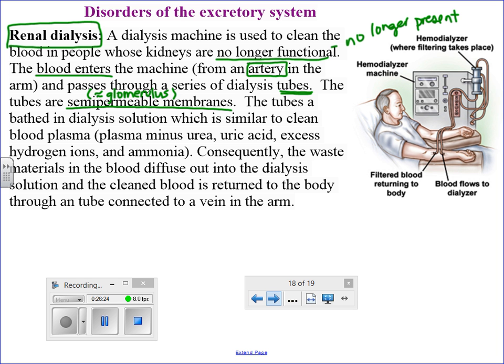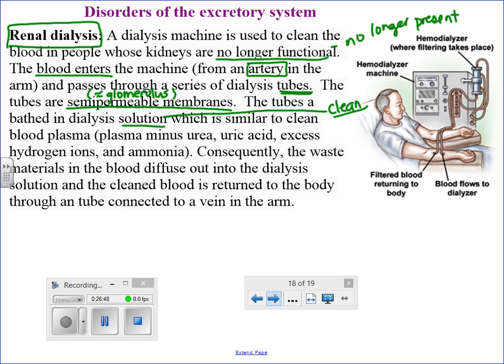The tubes are then bathed in a dialysis solution that's similar to blood plasma. The idea is that this dialysis solution is clean. It's clean meaning there's no urea, uric acid, hydrogen, or ammonia.